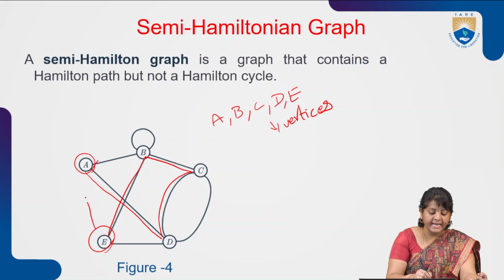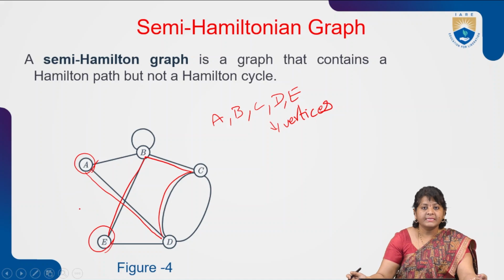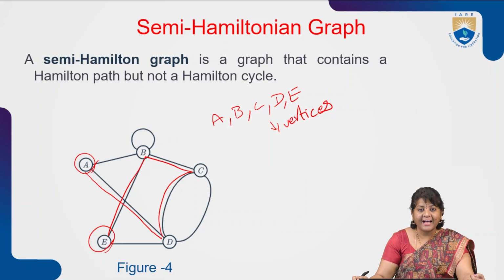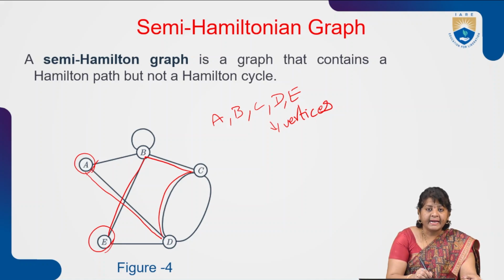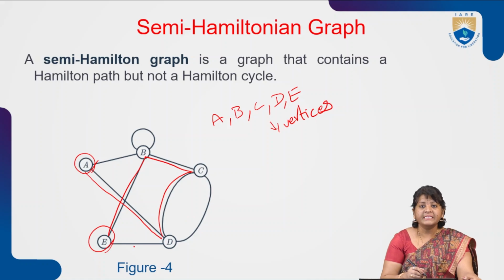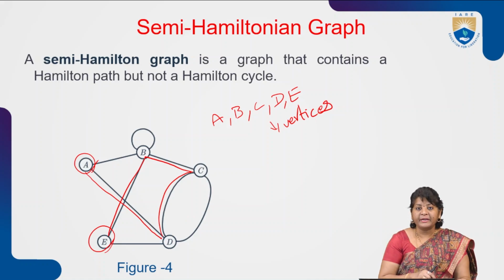If there were a path existing here, then we could close this cycle and find the Hamiltonian cycle. But this graph is only for a Hamiltonian path, not for a Hamiltonian cycle. If I want to end at vertex A, I should traverse through one of the other vertices, and that might be a reason to visit that particular vertex 2 times.